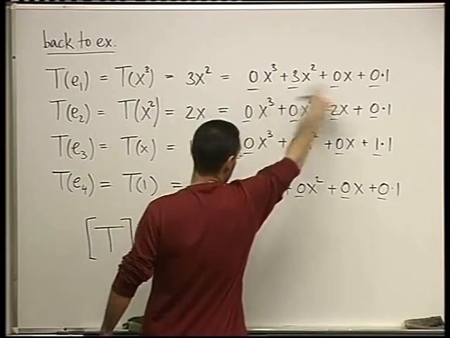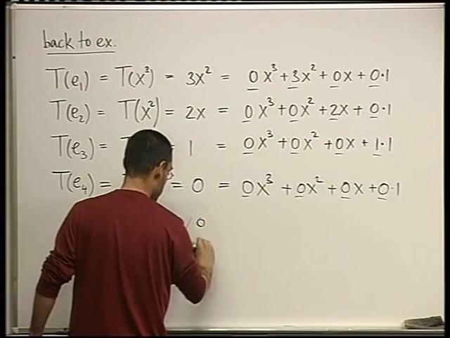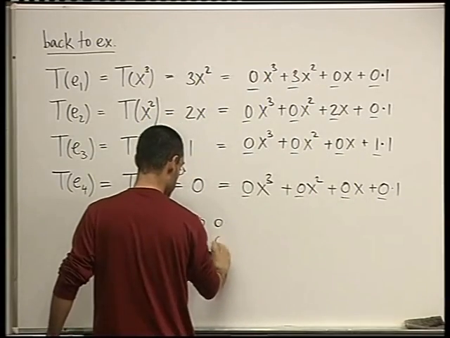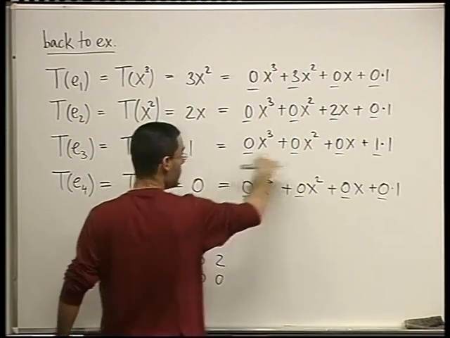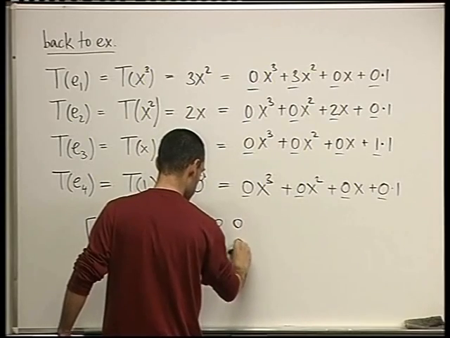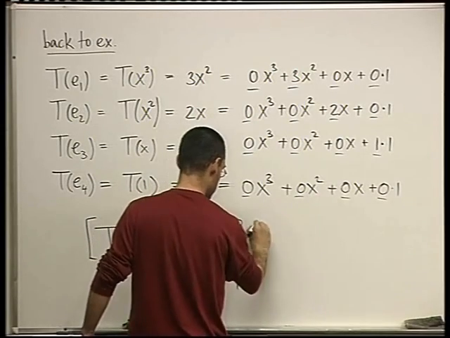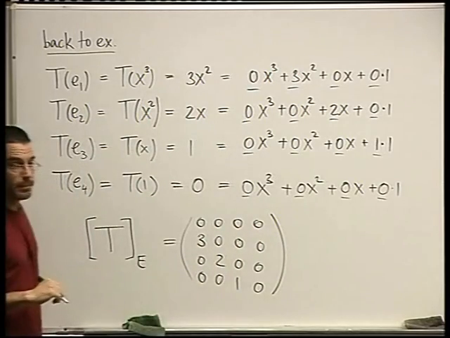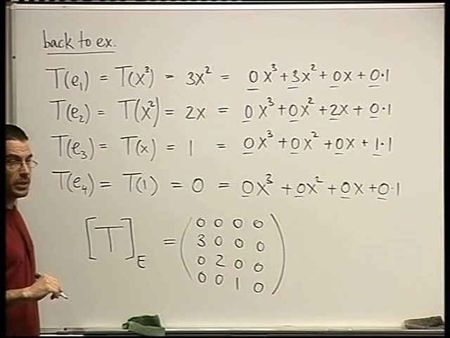So this row is going to become the first column. So it's 0, 3, 0, 0, 0, 0, 2, 0, 0, 0, 0, 1, and 0, 0, 0, 0. Clear? Everybody good?